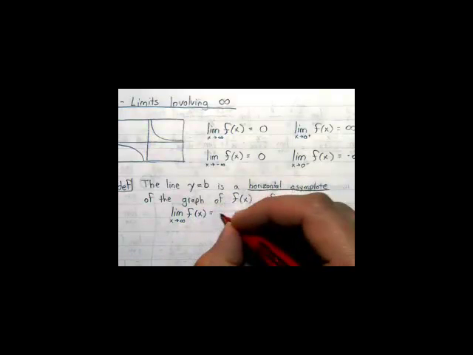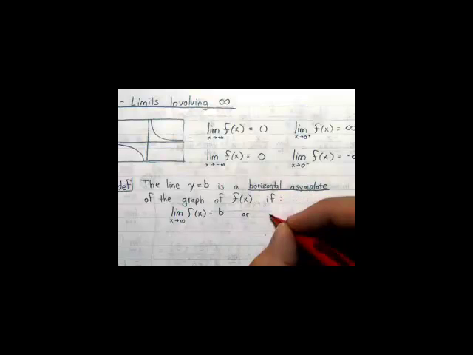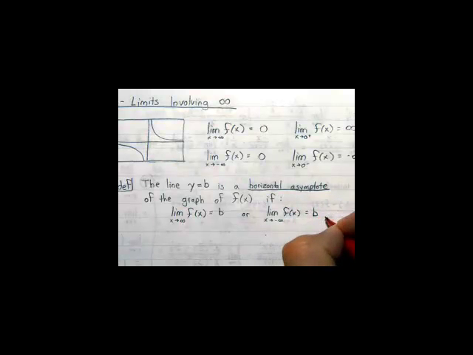The limit as x approaches infinity of f of x equals b, or the limit as x approaches negative infinity of f of x equals b. So kind of like we just showed in this first graph here, because the limit as x approached infinity came out to a number, 0, and also the limit as x approached negative infinity came out to some number, again, 0, then we knew we had a horizontal asymptote there.